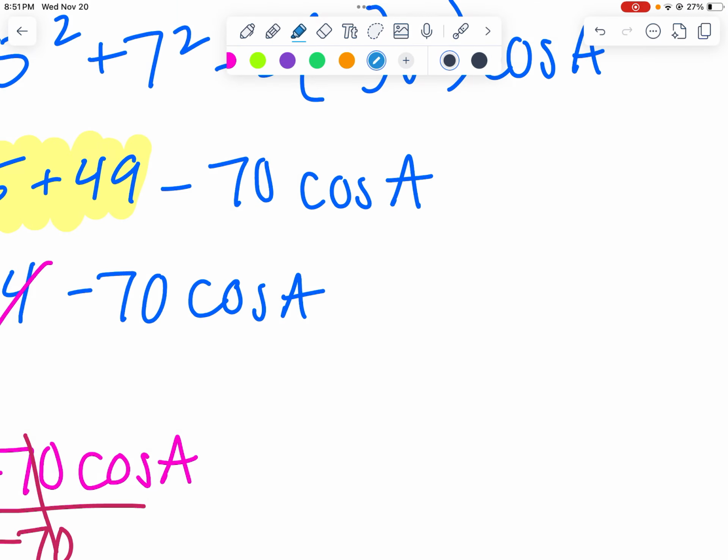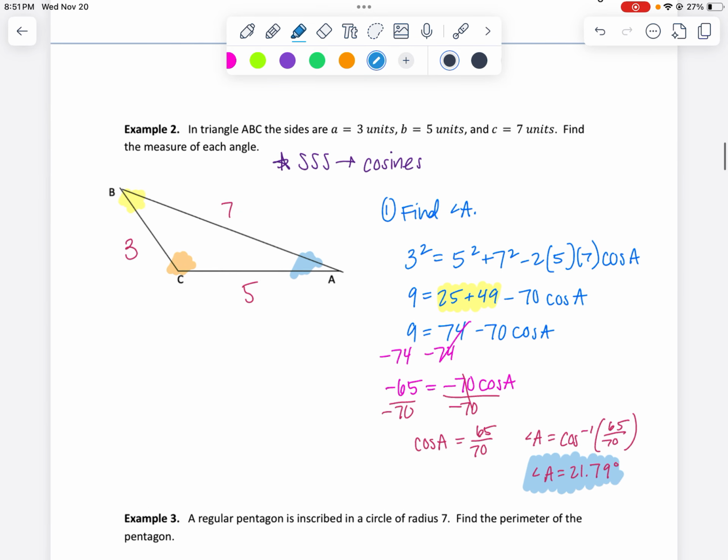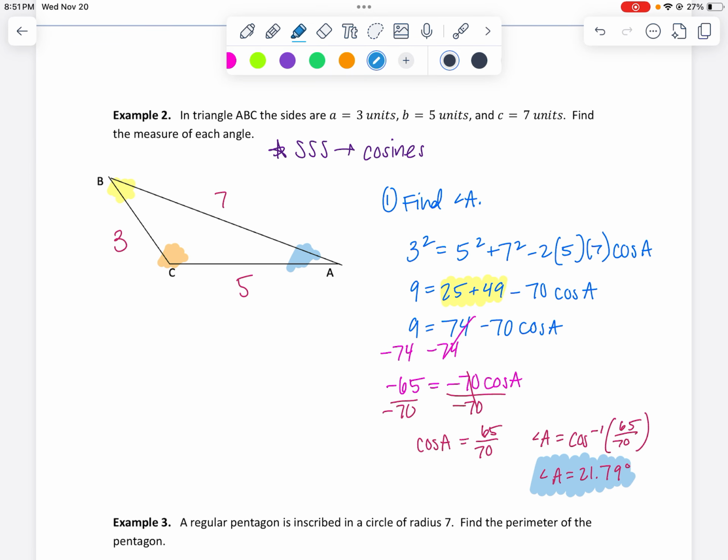Same exact thing. I want to find the angle measurement of B. So let's do that one. I'm going to find angle B. This time I'm going to have to set up another equation.